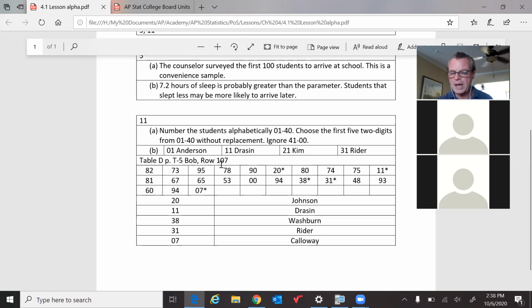On that page, in row 107, the first pair of numbers is 82. Well, I have to take 2 numbers because there's 40 kids. If there were 105 kids to choose from, I'd have to have sets of 3 numbers. If there were 8 kids, I could do it with a set of 1 number.